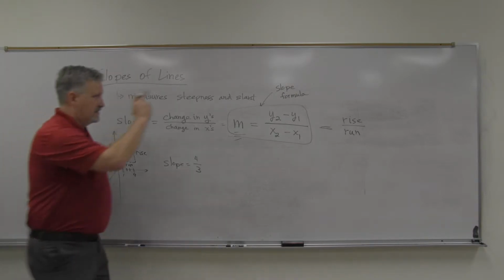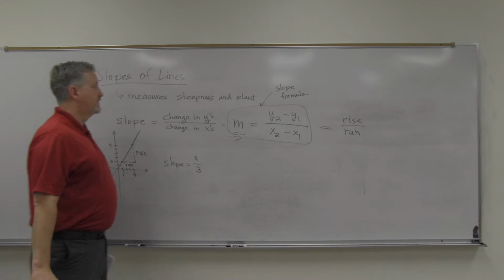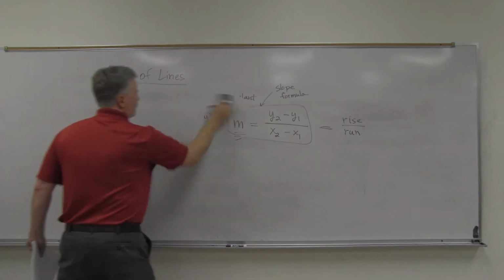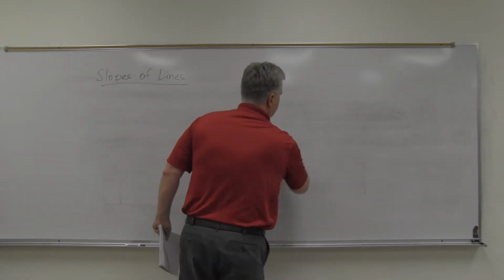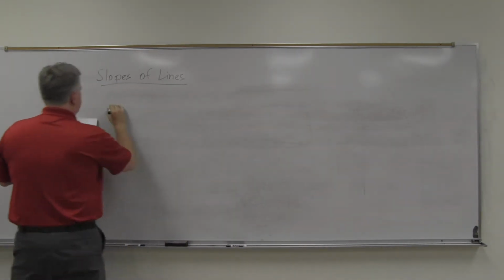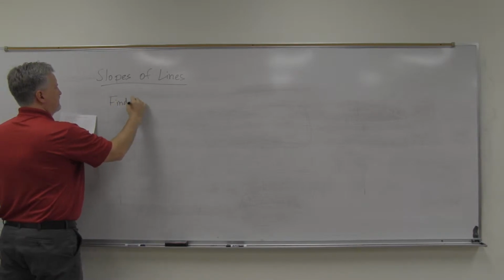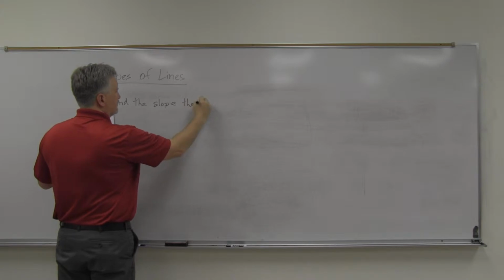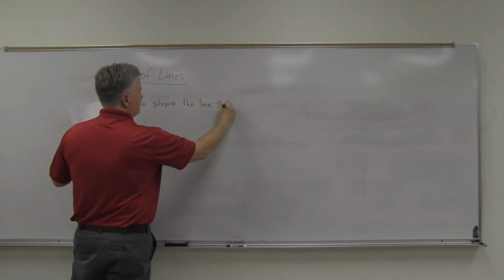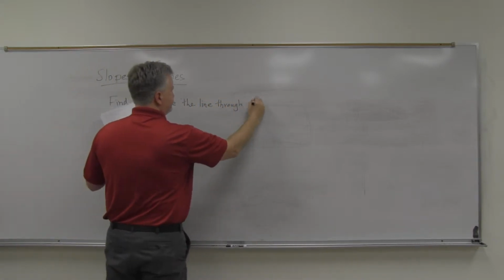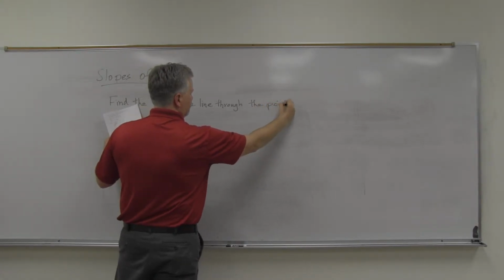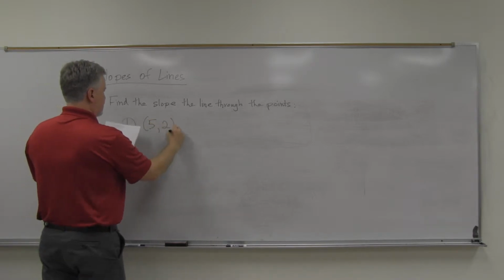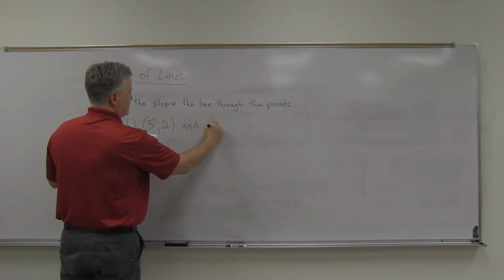All right, so let's use the slope formula on a couple of others here. Find the slope of the line through the points. Number 1: 5, 2 and 1, 6.